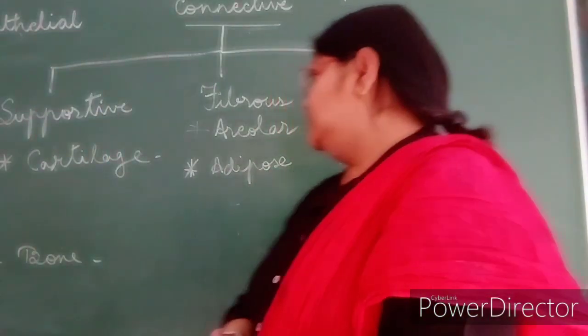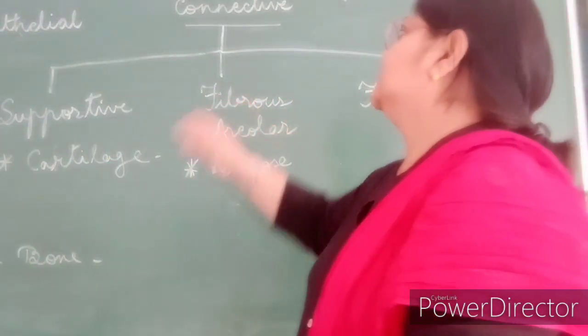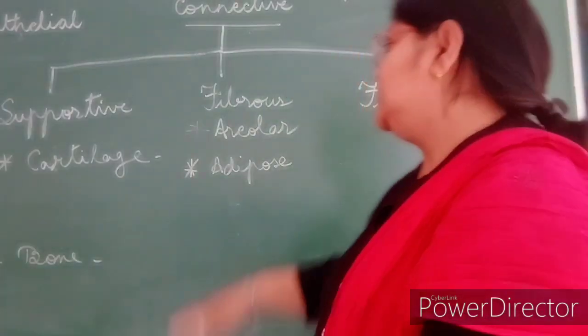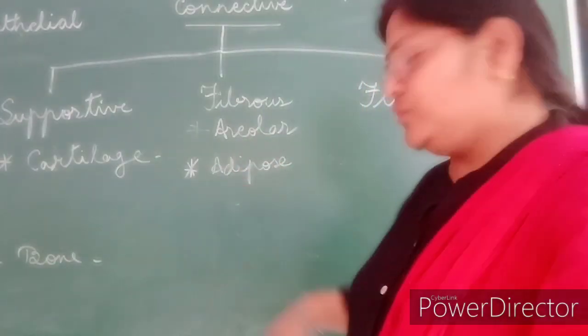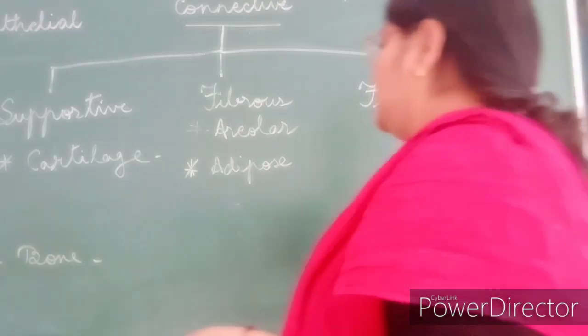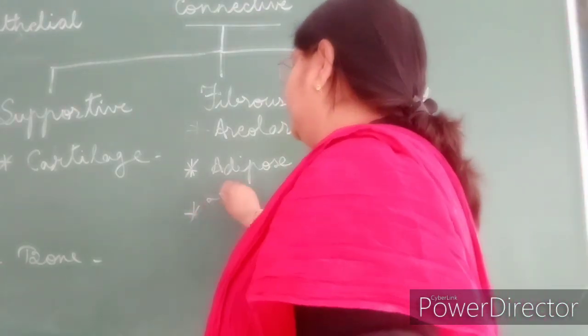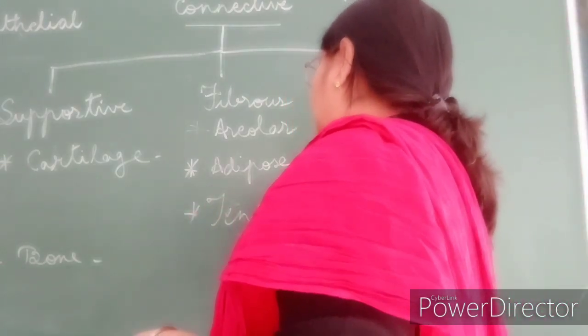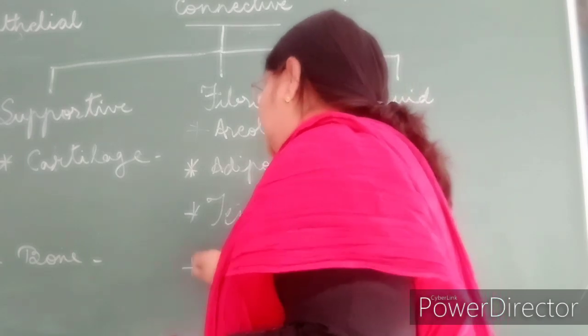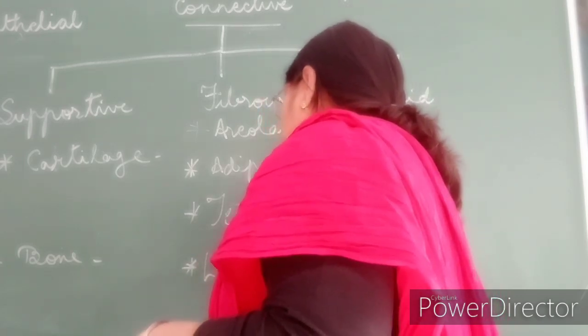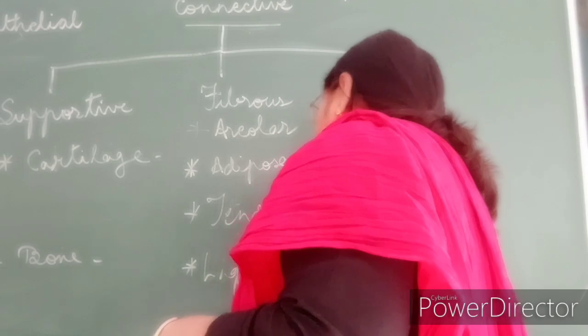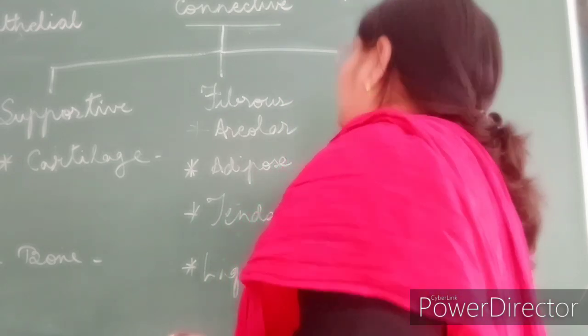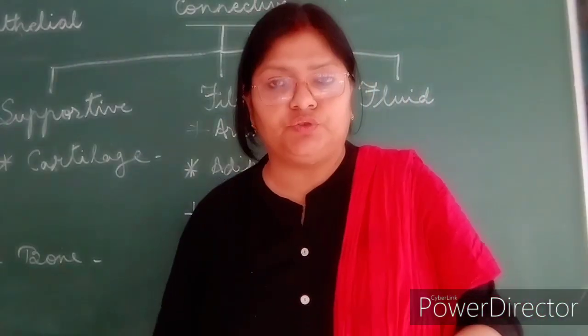Now coming to the fibrous connective tissue, that is the areolar, adipose, then tendons and ligaments. These are the four kinds of fibrous connective tissues.